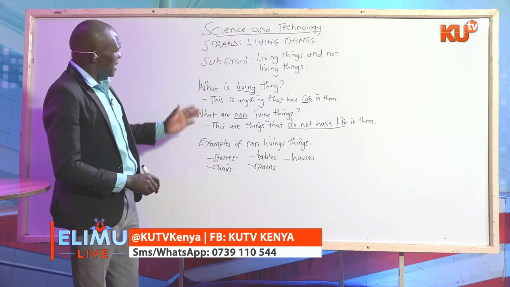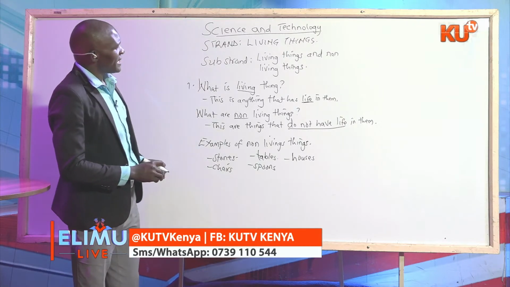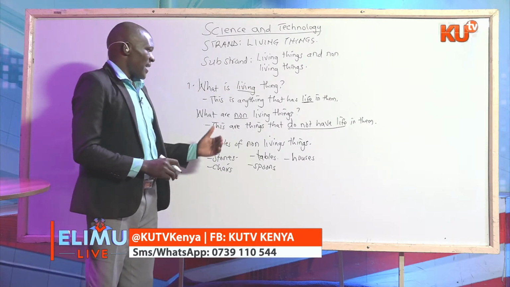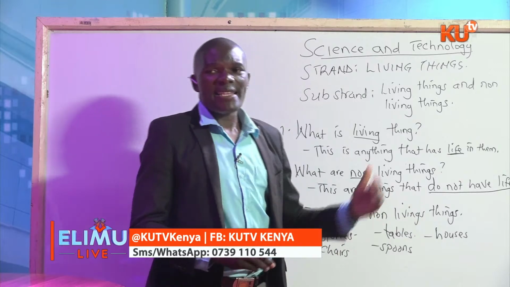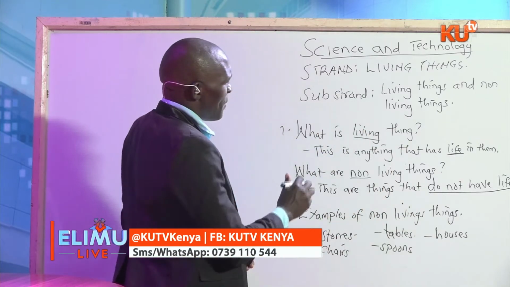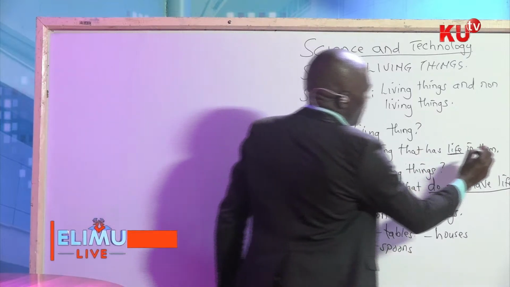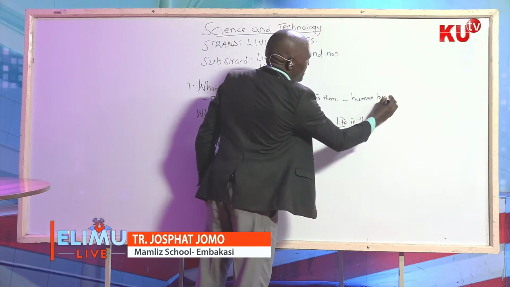If we turn back to our first point, which was what is a living thing? A living thing is anything that has life in it. Like, for example, we have human beings as a good example.